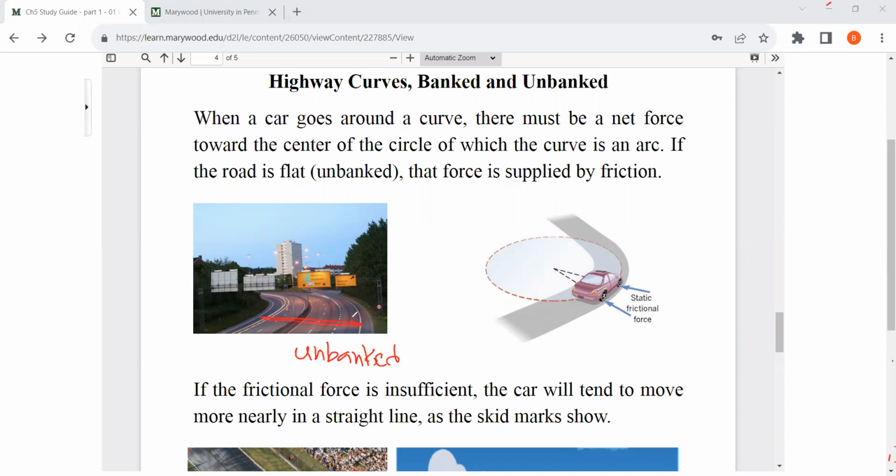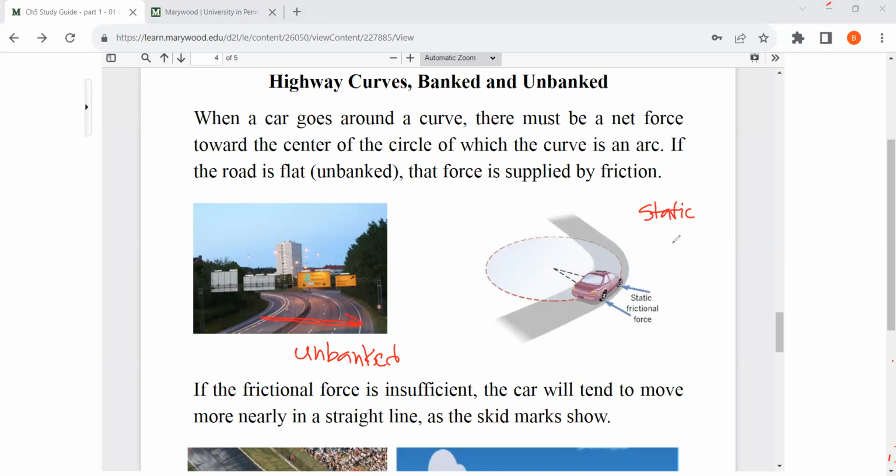In a flat turn, the only thing we need to understand is that to keep the car in this circular portion of the path, the static friction between the car tire and the ground needs to work as the centripetal force.